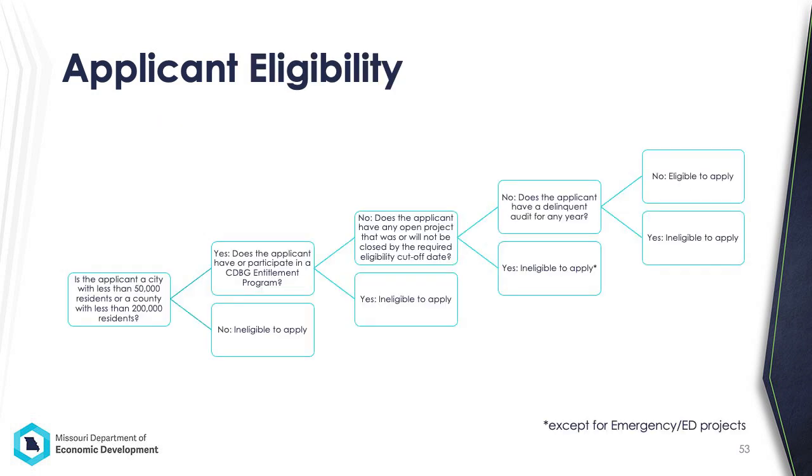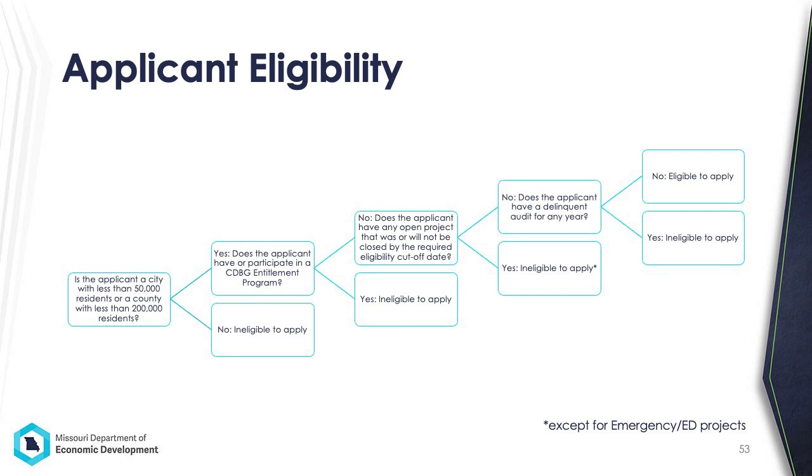The applicant eligibility determination takes 4 items into consideration. Under certain special allocations like DR, MIT, and CV, it has allowed the state to award projects to entitlement communities and regional planning commissions. But for the regular application cycles, we can only award funds to applicants meeting these requirements. There are 4 questions to consider.